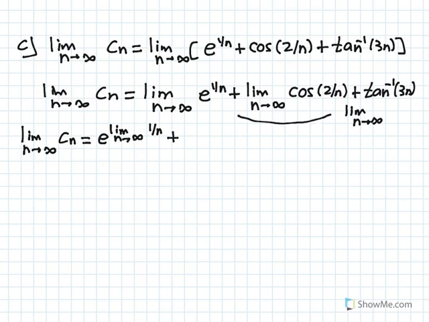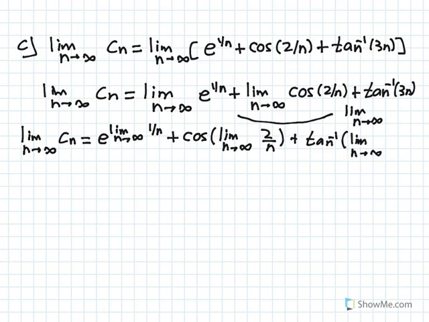And for this one, we can bring the limit inside the cosine function, plus cosine of the limit as n goes to infinity of 2 over n. Plus tan minus 1, bring the limit inside the arctan, tan minus 1 of the limit as n goes to infinity of 3n.